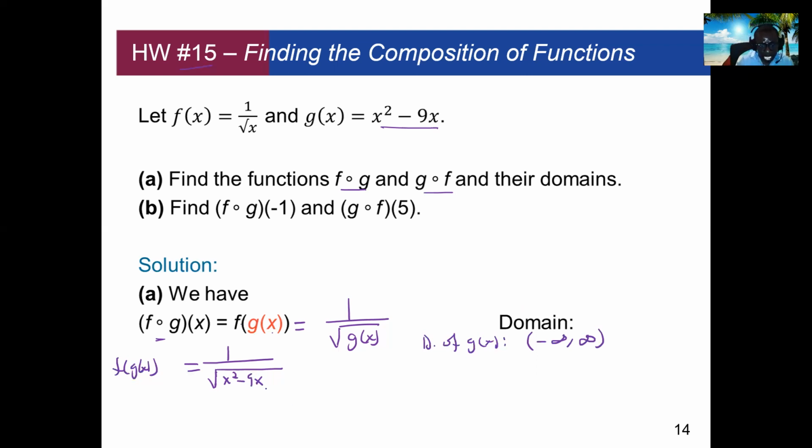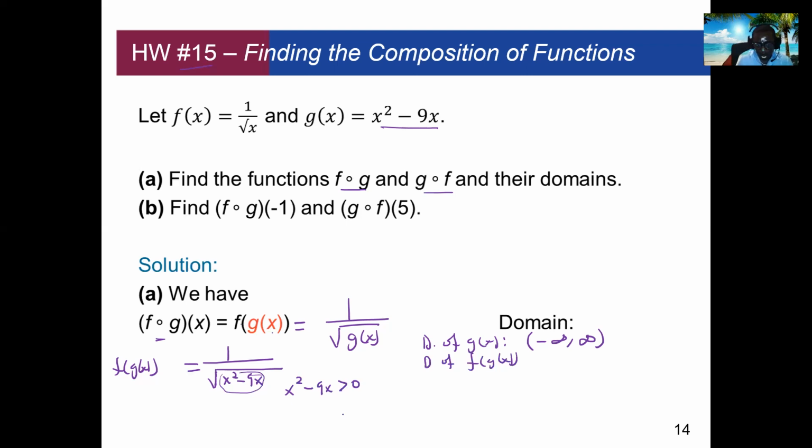Now, what is the domain of our final function, that is f composed with g of x? Okay, now that means that we should take this guy, because in the denominator, it cannot be 0. So we have to solve the inequality x squared minus 9x greater than what? Greater than 0, not greater than or equal to 0.